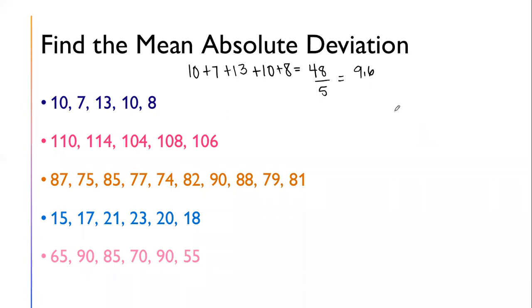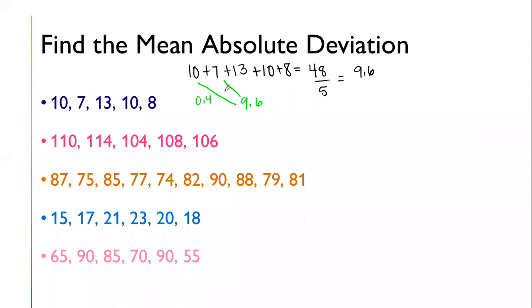So my next thing I want to do is figure out how far each number is from the mean. So 10 to 9.6, that is 0.4. 7 to 9.6, 2.6, right?